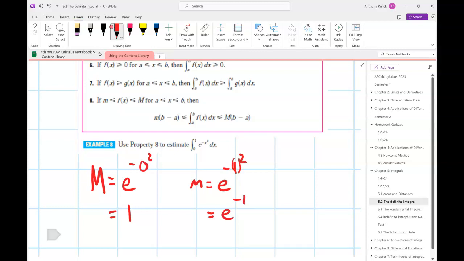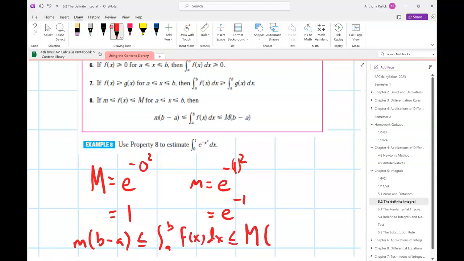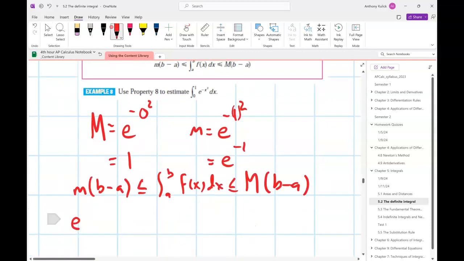Okay? So I know that little m times b minus a has to be less than or equal to the integral from a to b of f of x dx, which has to be less than or equal to cap M times b minus a. So little m was e to the negative 1, b is 1, a is 0.